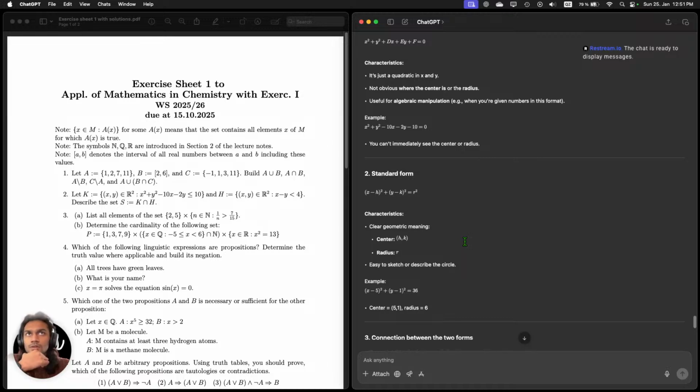Center h and what is k? Why do we have two coordinates for center?